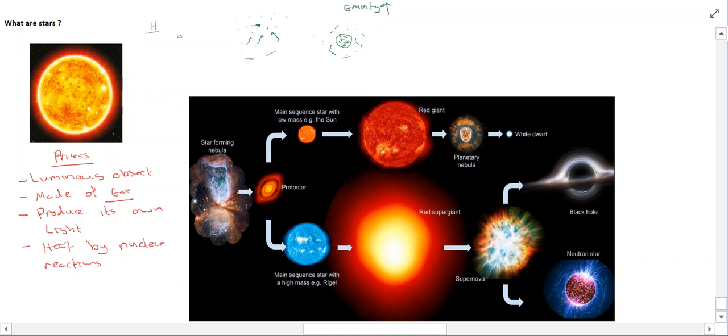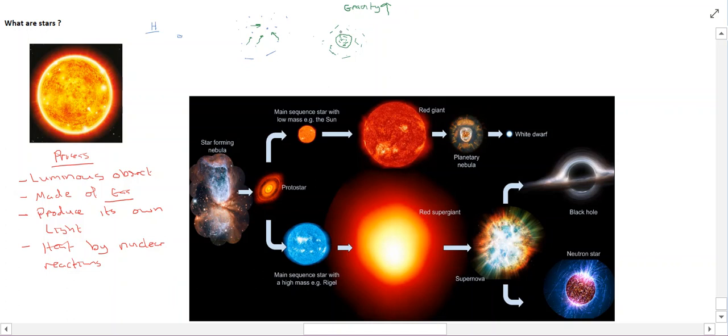Remember, the more mass an object has, the more gravity it has. So as these hydrogen particles come together in the middle of this nebula, the mass goes up, and therefore the force of gravity goes up.